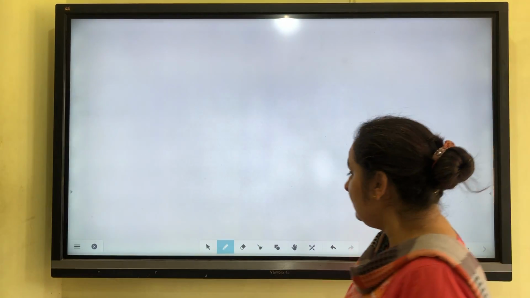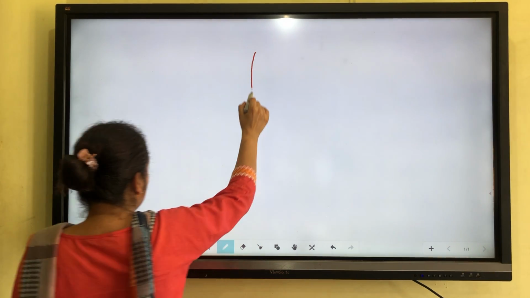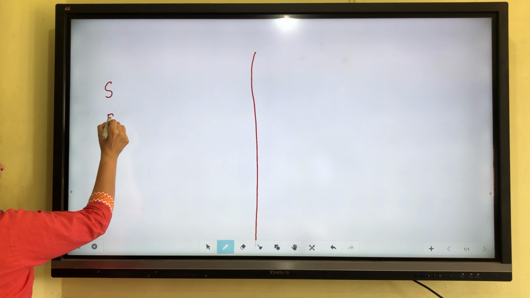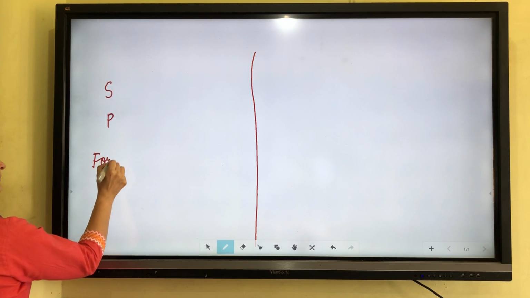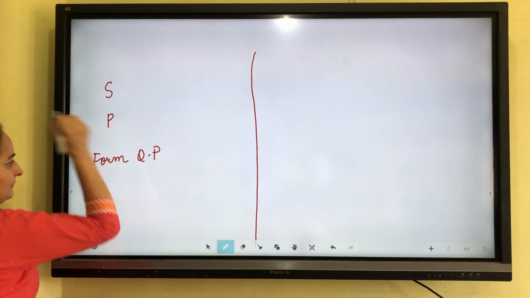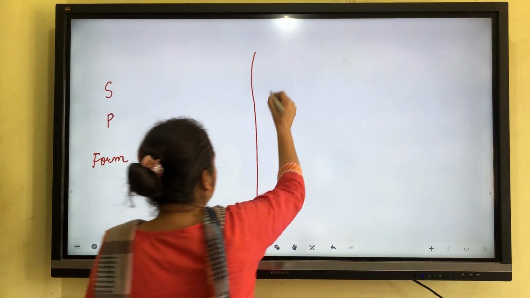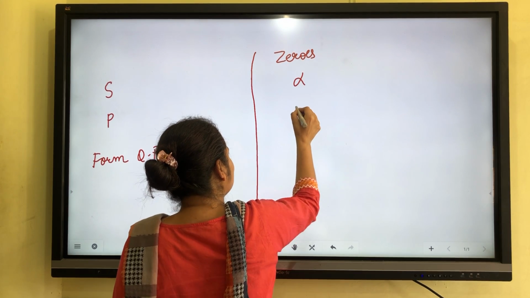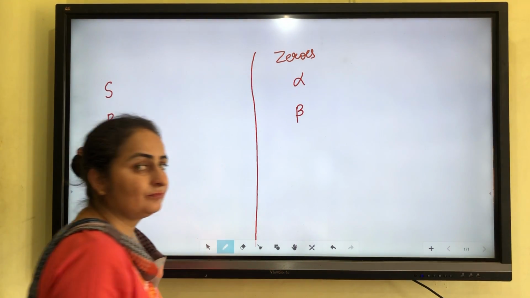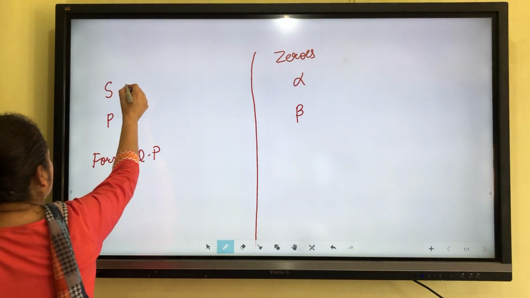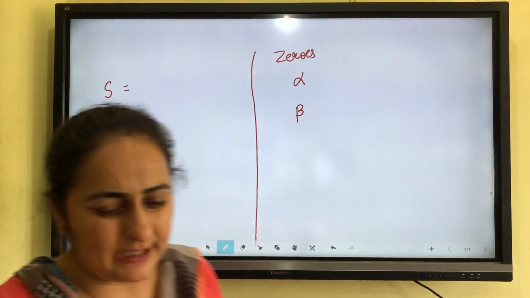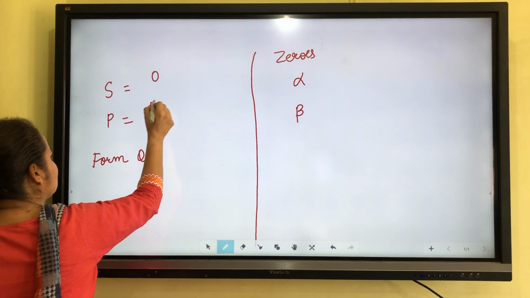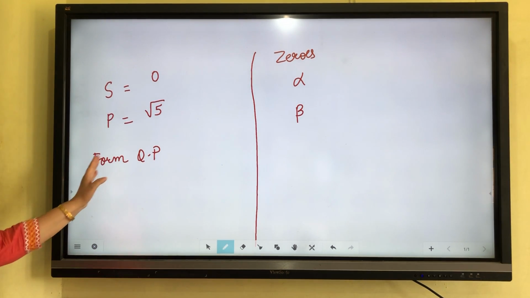Now I am explaining here again. If sum and product are given, then form the quadratic polynomial. And second, if zeros are given. Zeros means one value of x, second value of x. Now the sum can be any value, that depends upon you. If the sum is 0 and the product is under root 5, what is the quadratic polynomial?